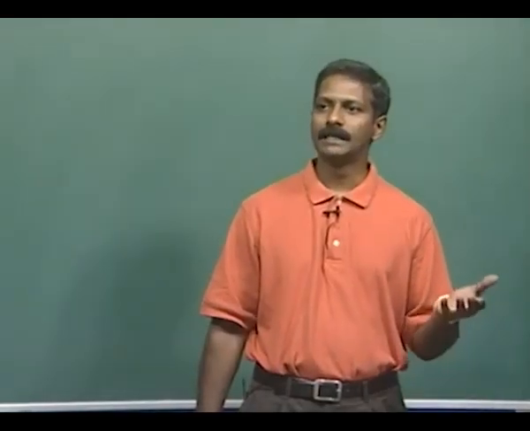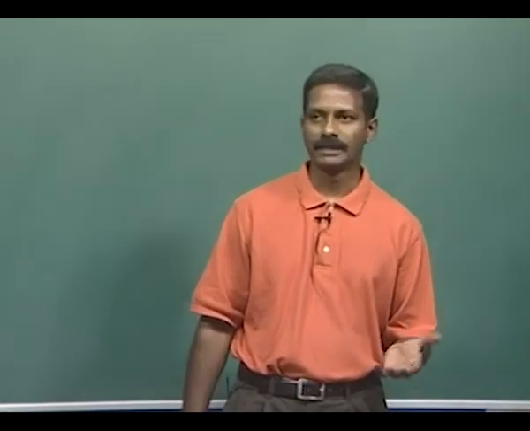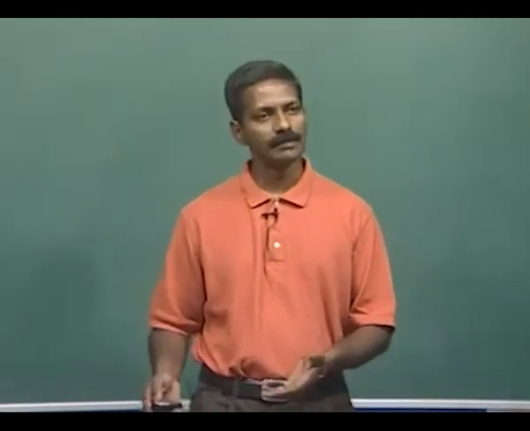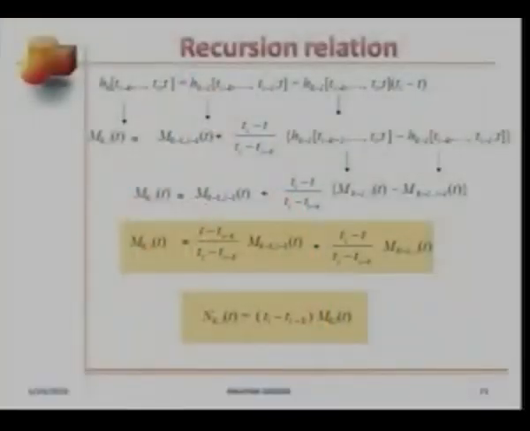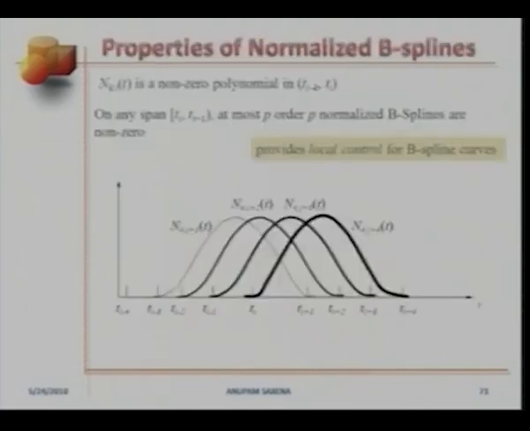To get the recursion relation for B-spline basis functions, we used the Leibniz result, and we had a nice looking recursion relation that related the order k B-spline basis function with two order k minus 1 B-spline basis functions, and then we normalized our spline basis functions. We looked at certain properties.